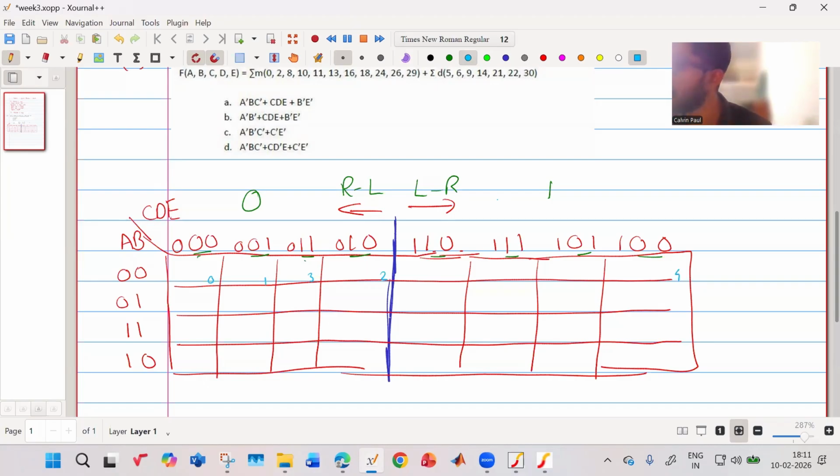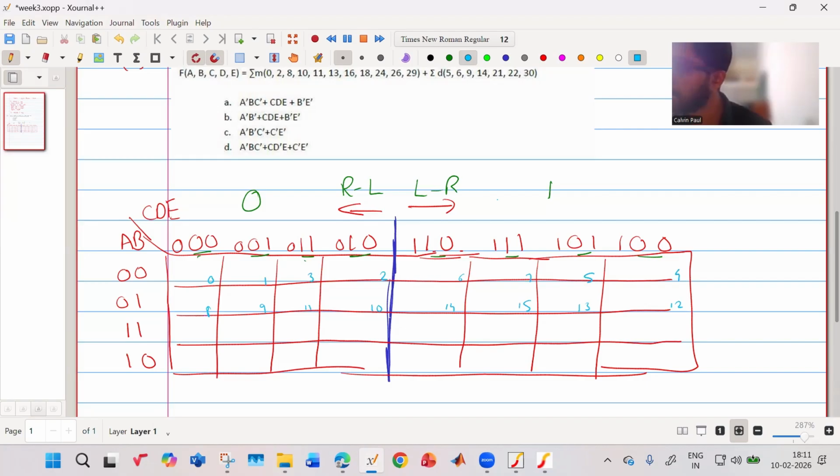4, we start here. 4, 5, 6, 7. Done. Now we start here: 8, 9, 10, 11. Then we have to go all the way here: 12, 13, 14, 15.